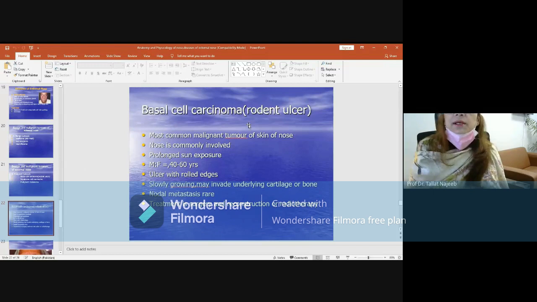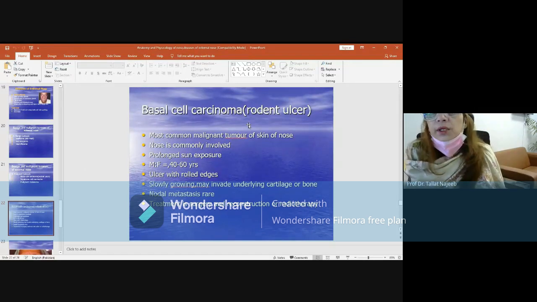So basal cell carcinoma is usually a locally malignant tumor. It erodes the skin, erodes the deeper tissue. It can involve the cartilage and bone and can go inside the nasal cavity. Male and female ratio is equal.